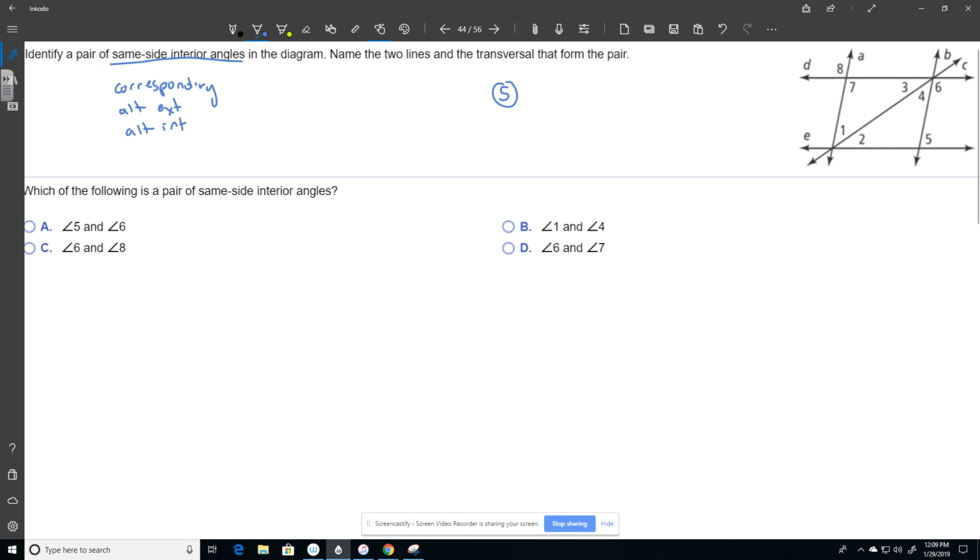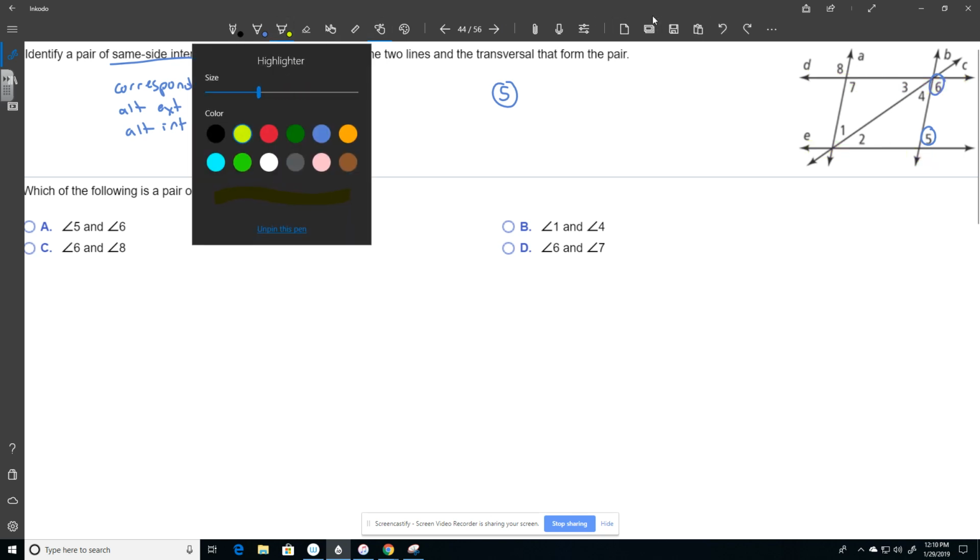So same side interior means they're on the inside and they're on the same side. So there shouldn't be any lines in between them. So if I look at 5 and 6, here's 6, here's 5. Those are made up by D and E crossing. Whoa, that's a bad highlight.